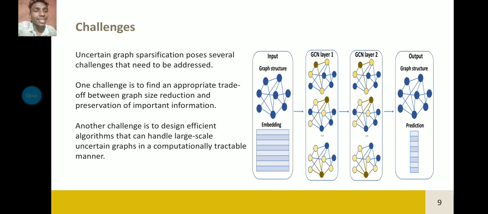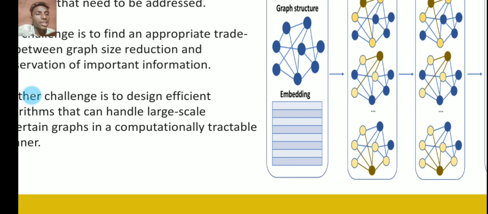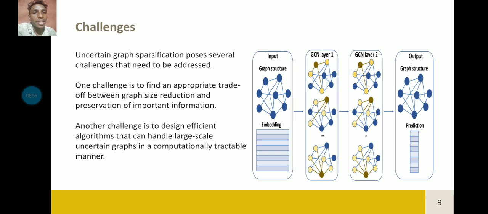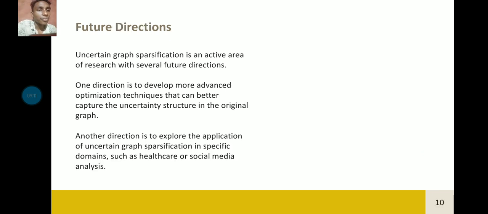Another challenge is to design efficient algorithms that can handle large-scale uncertain graphs in a computationally tractable manner. Here we can see the different types of graph structures: GC1 layer 1, GC2 layer 2, these are all different types of layers.